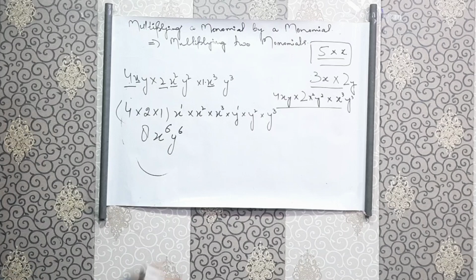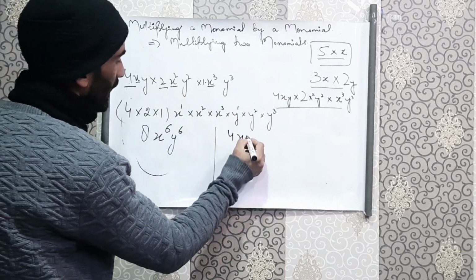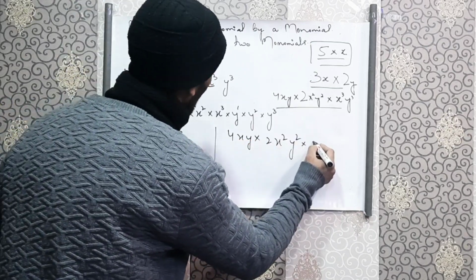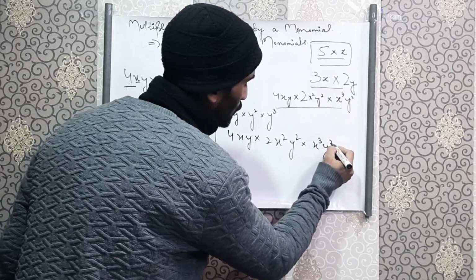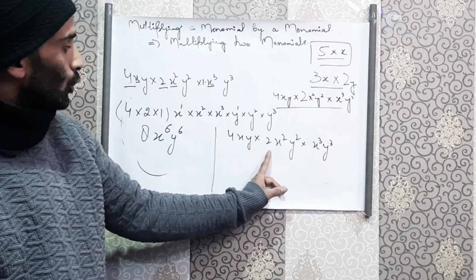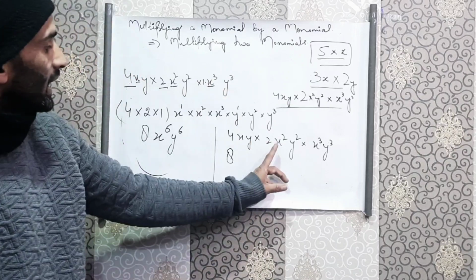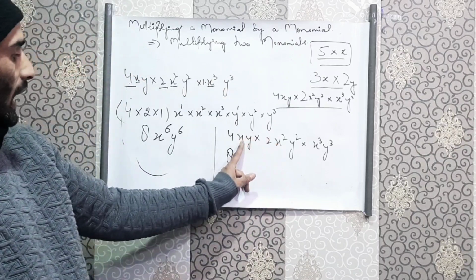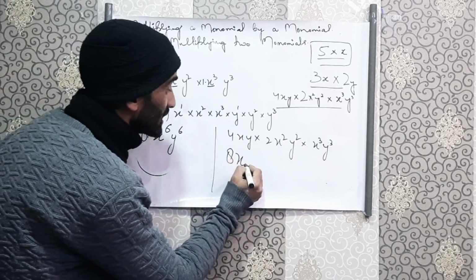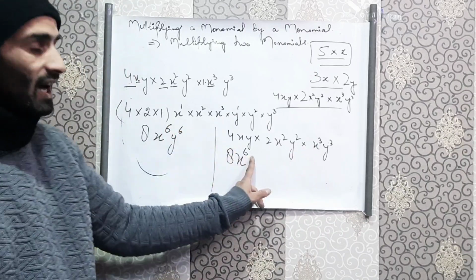In other words, by another method, we can write it directly: 4xy into 2x square y square into x cube y cube. Just see here: 4, 2, 1. 4 2s are 8, 8 1s are 8. So we can write here 8. Here it is x square into x, that is x cube, into x cube, that is x raised to power 6. Again, bases are the same, powers are added.